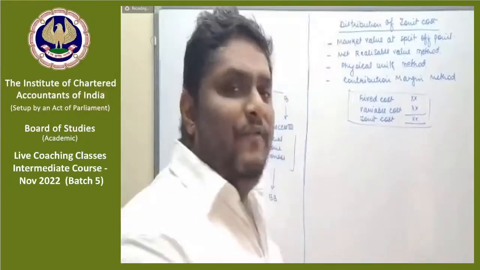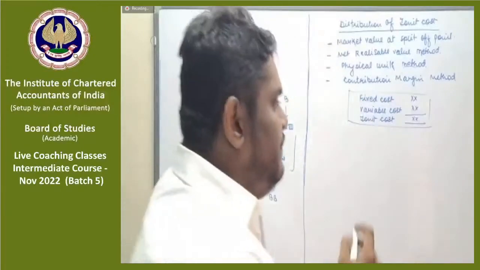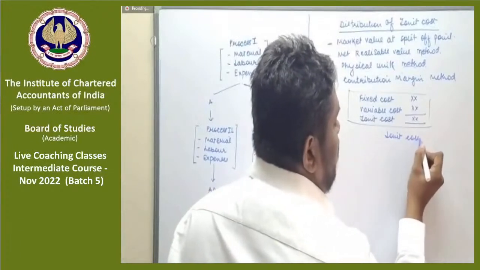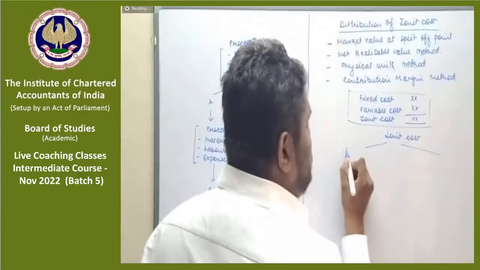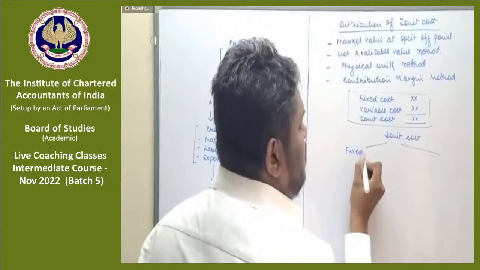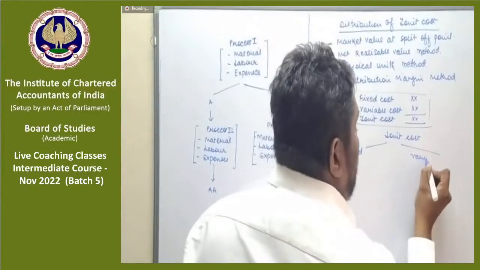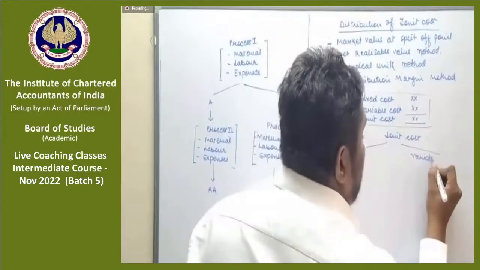If such type of information is given in the question, very simple, guys, the joint cost, that is fixed cost and variable cost, will be apportioned as follows.